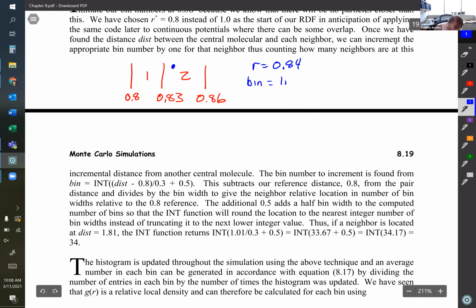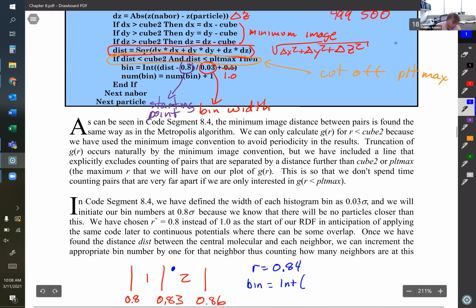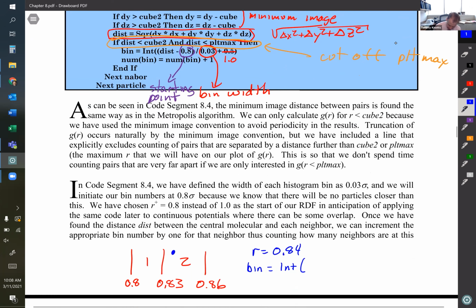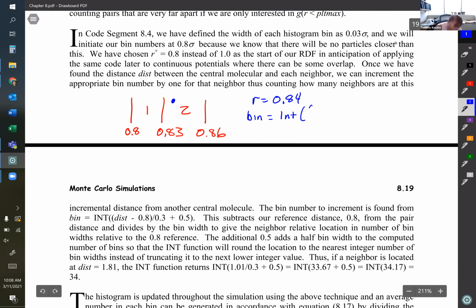It does int of distance minus 0.8, so 0.84 minus 0.8, over my bin width, 0.03. And so this gives me 0.04 divided by 0.03. Oh, sorry, I have to add the 1 in.